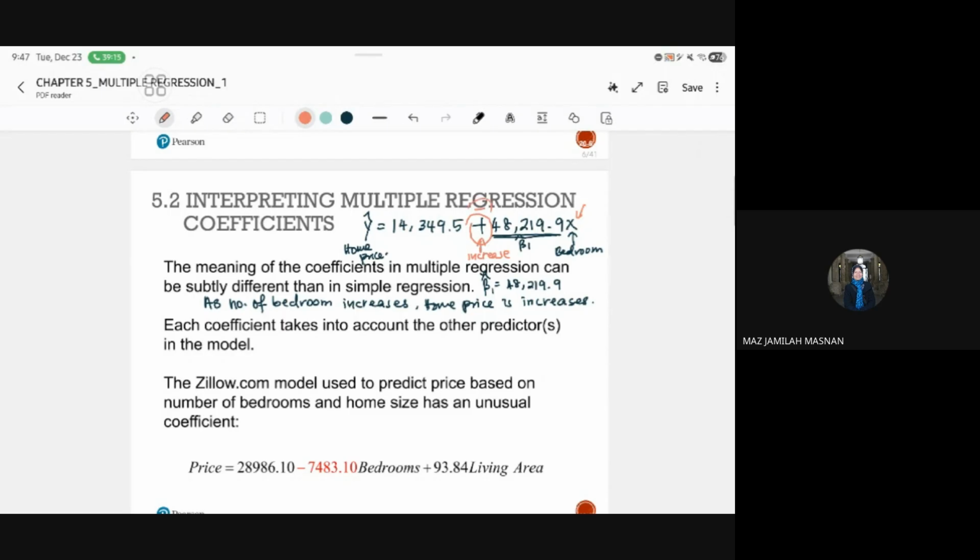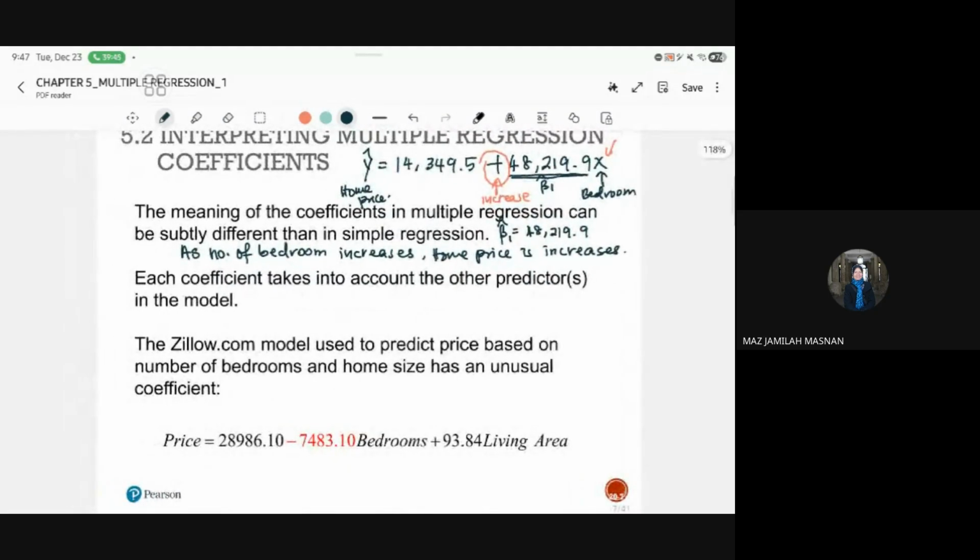But for a negative value, it would be based on the actual facts for this particular example. Later, if I have a specific example with regard to a negative value, it would be easier for me to explain to you. As for now, please understand this is how you can interpret the meaning of the coefficient, for the single coefficient.